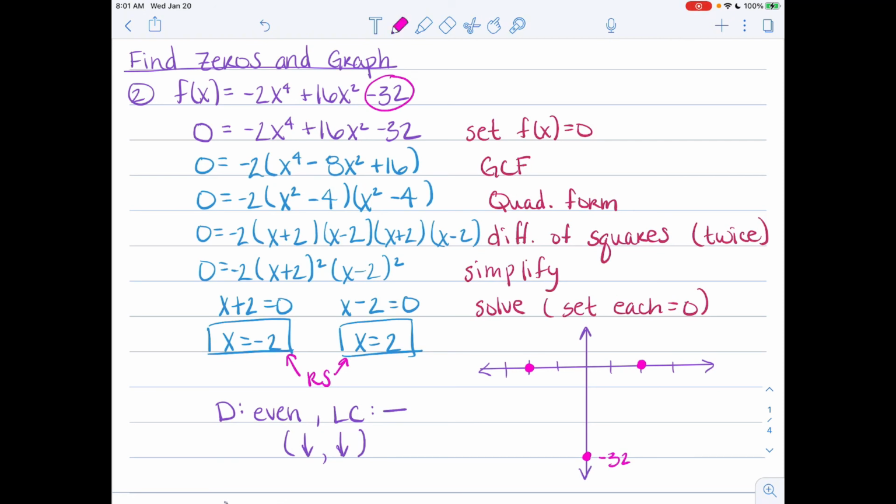So given all of that information, I can sketch a graph. I know that I start out with an arrow going down. I'm going to come up to 2, but then turn right here at the x-axis. I have to hit negative 32, and then I'm going to come up here and turn again to go back negative. So that is a rough sketch of my polynomial.